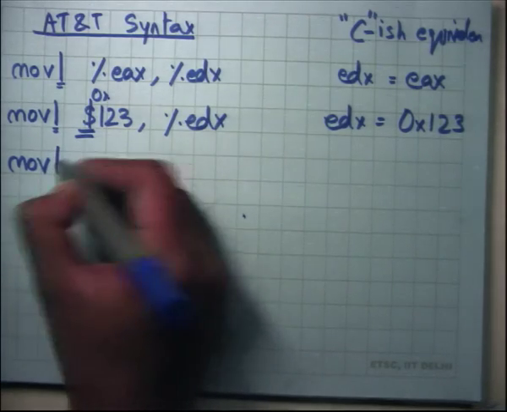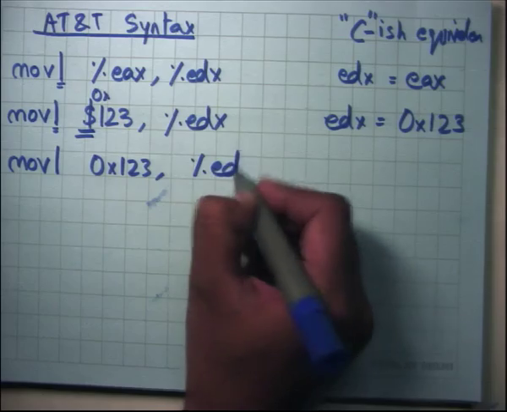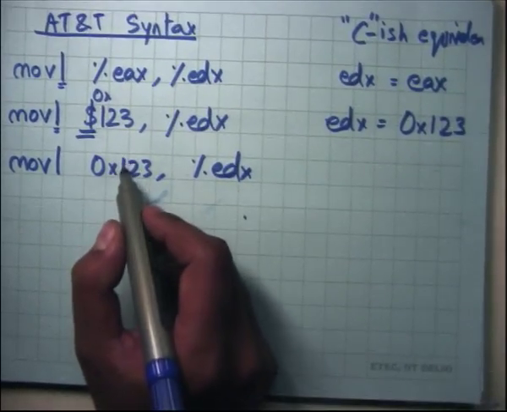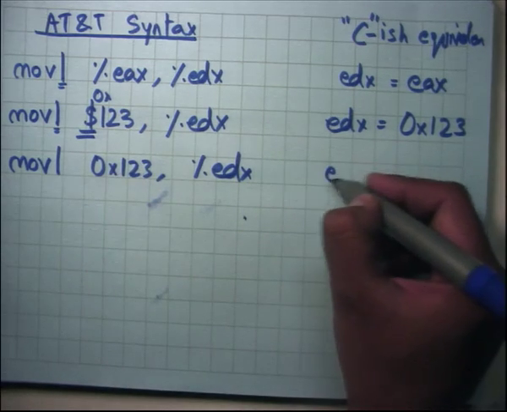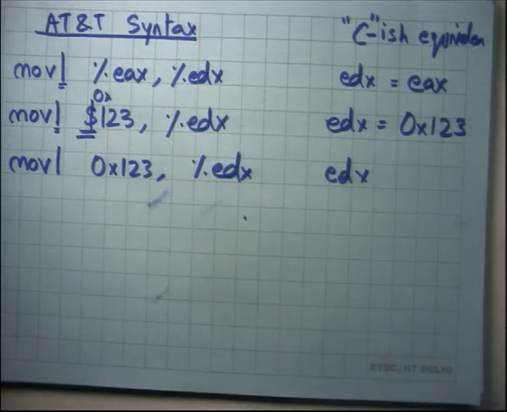All right. You could also say MOVL 0x123 to %edx. Notice the difference between this and the previous one is that I'm not using the $ sign, right? And what does this mean? Yes, treat 123 as an address in memory.